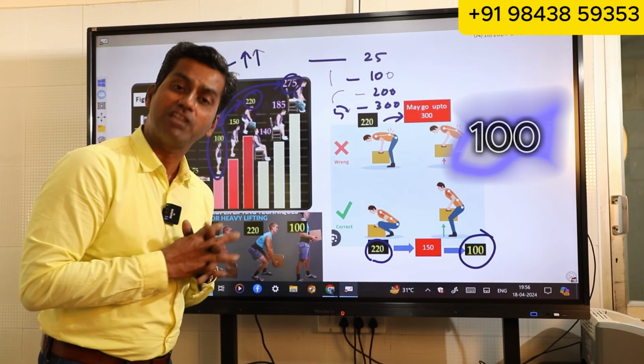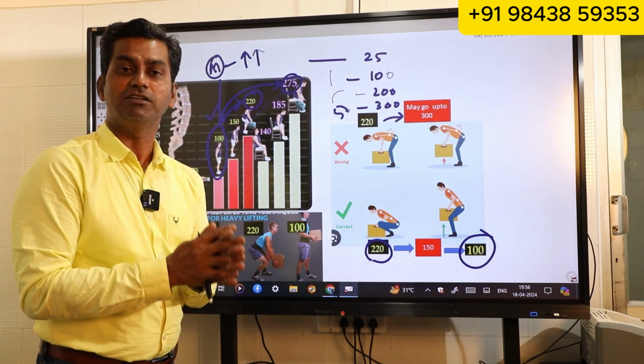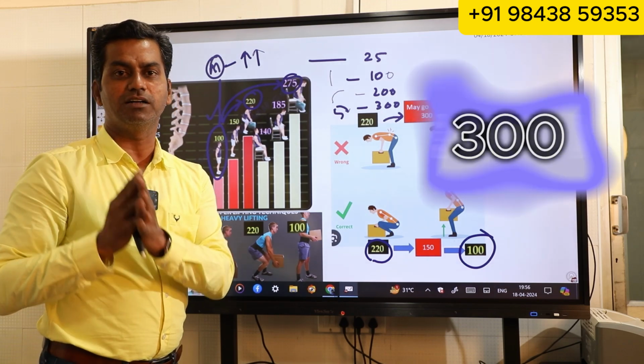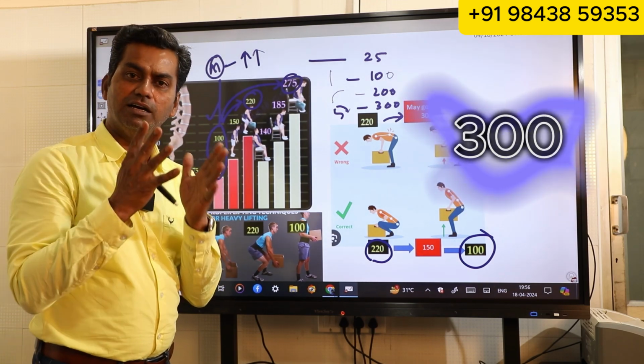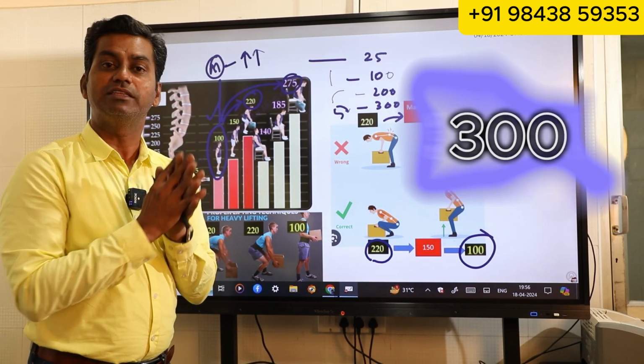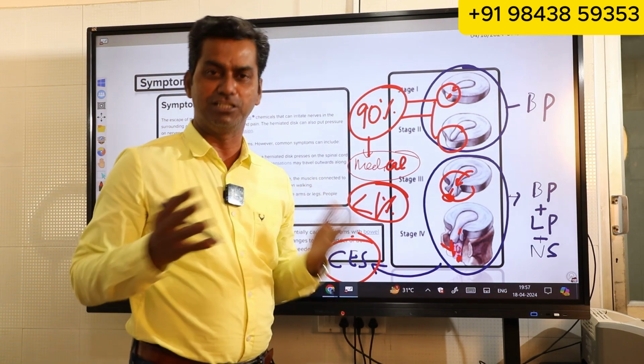Bending from standing, it doubles to 200. While bending from the sitting position, which usually happens in software or chair work, it is almost 300. So that is the reason the intradiscal pressure increases, damaging the annulus fibrosus, which leads to stage 1, 2, 3 and 4 disc prolapse.